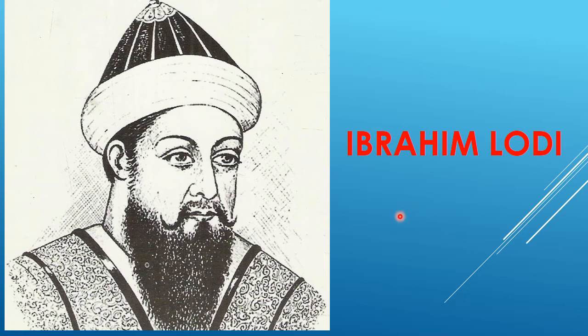The only way Daulat Khan Lodi thought to defeat him was Babur, whom he had heard about as a great commander and general known to fight wars. He thought that if he called Babur to invade Delhi and defeat Abraham Lodi, he himself would be made the ruler of Delhi, and Babur would go back to his own country, Kabul.